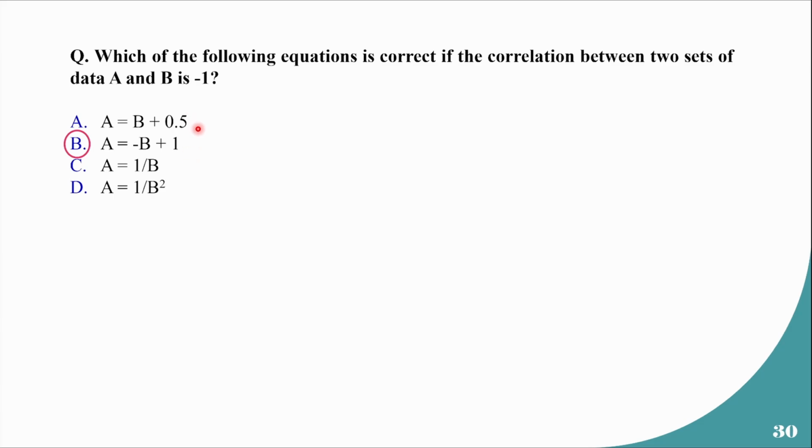Okay. So not that the value drops, but the value becomes negative in the opposite direction, right? So in that sense, you get the answer: B equals minus B plus 1. It gives the relationship of a linear anti-correlation.